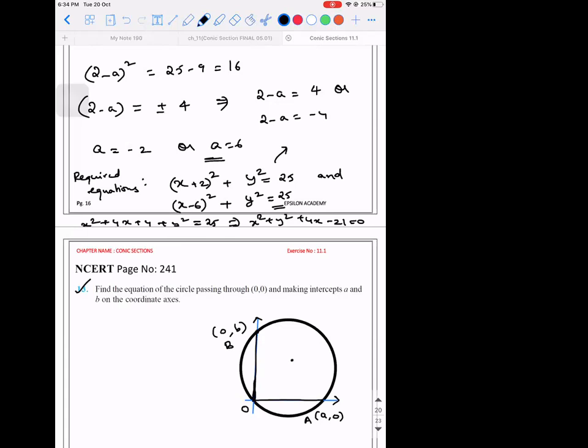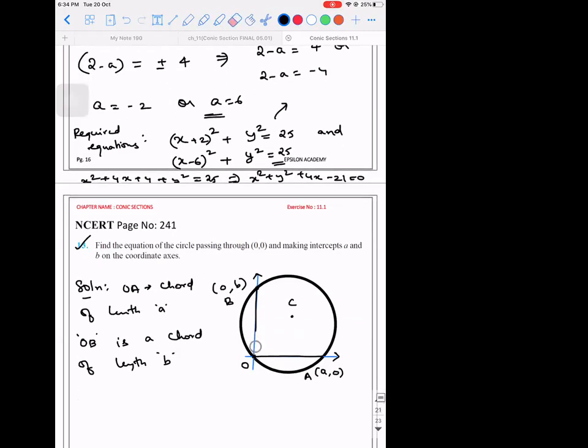So if we take the center as C, you know an important point. If you observe, OA is a chord of length A. OB is a chord of length B. So from the center, if you drop a perpendicular, we know that the perpendicular from the center to the chord bisects the chord.